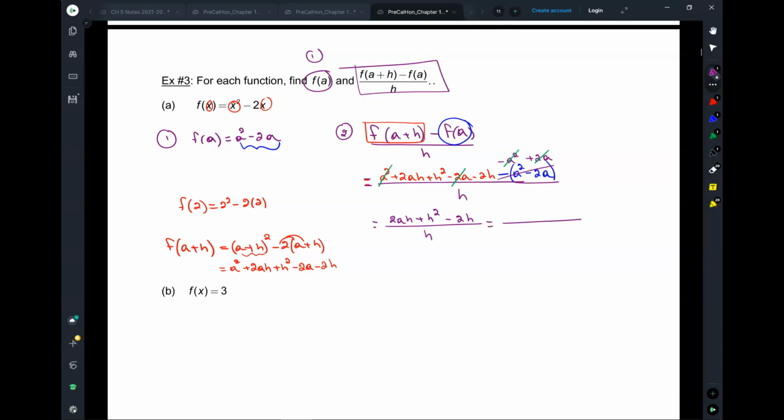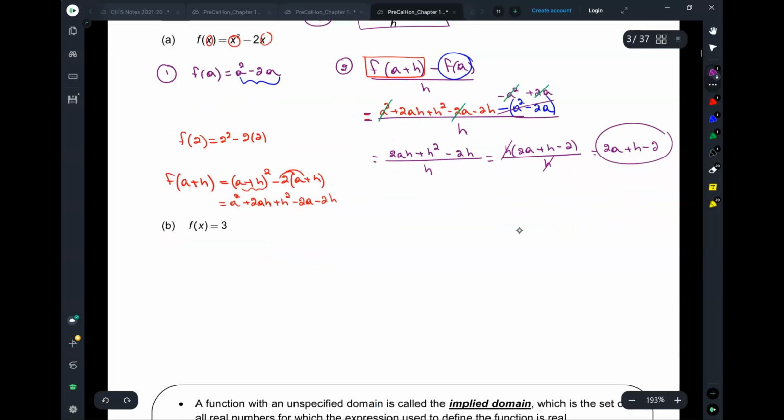Can I factor out an h from here? All over h. Look, the h's go away. 2a plus h minus 2 is what I have left. Okay?